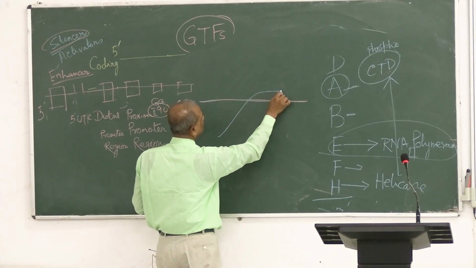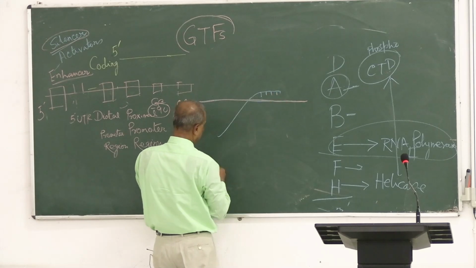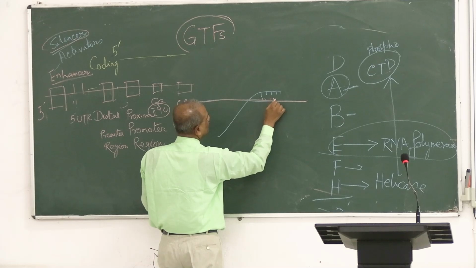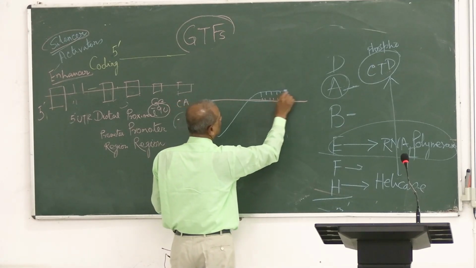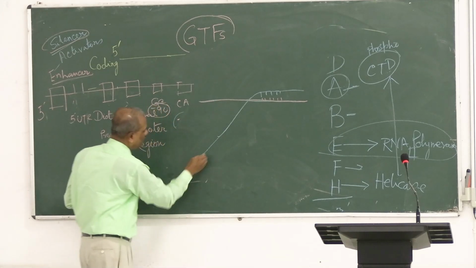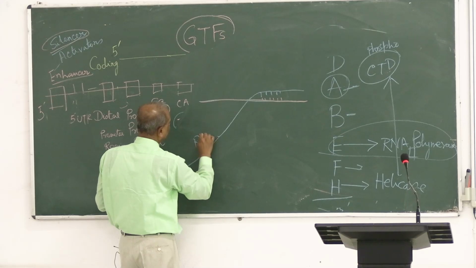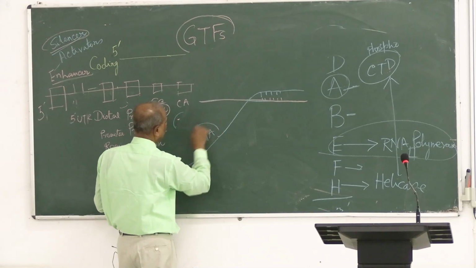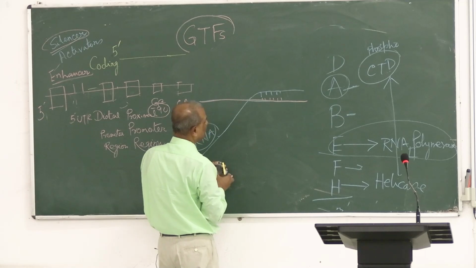Now, the next part will be synthesized as per the sequence of the template strand. Now, this will grow. So, at one point of time, you will have this primer RNA, and then the termination signal will appear.